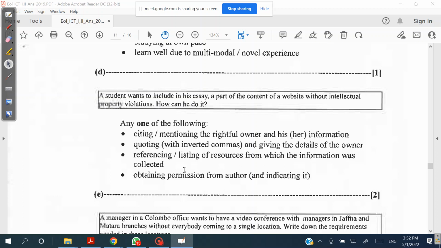And referencing, a list of resources from which the information was collected, right? Obtaining permission from the author, right? So any one of these, if there are any alternative answers, just let me know, right?